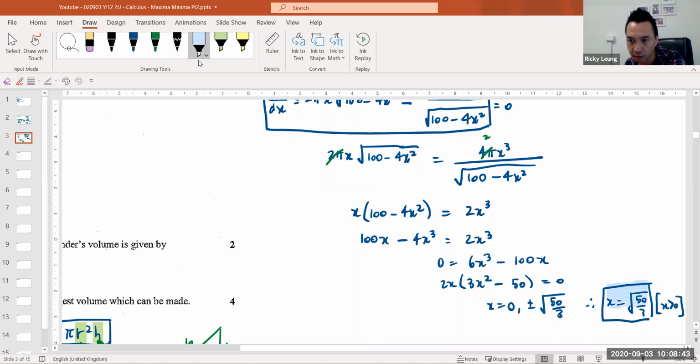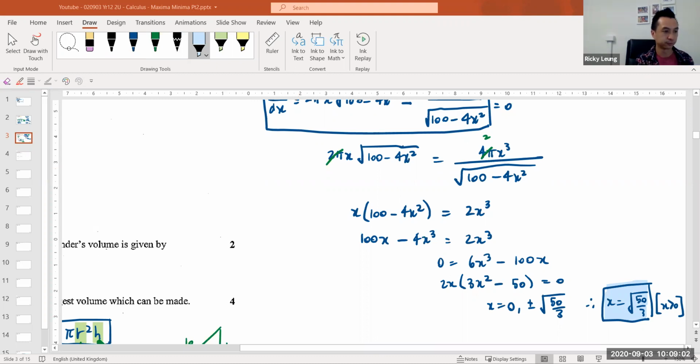Now, if you punch this into your calculator, which I actually have a virtual one here, let's go square root. Was it 50 on 3?